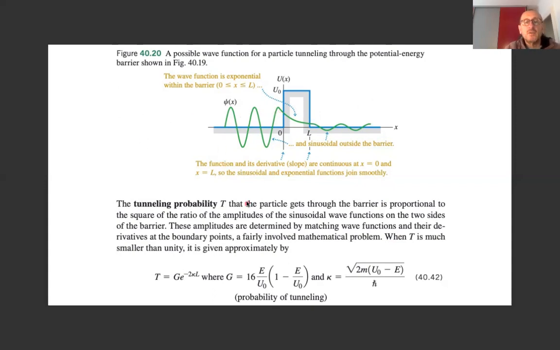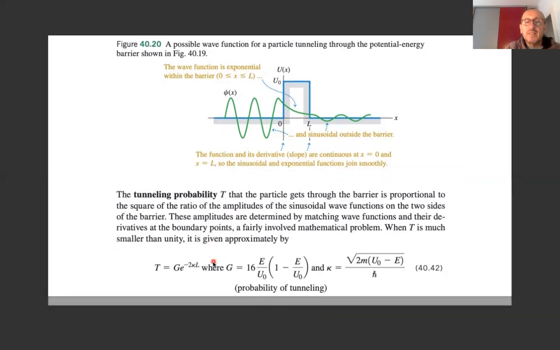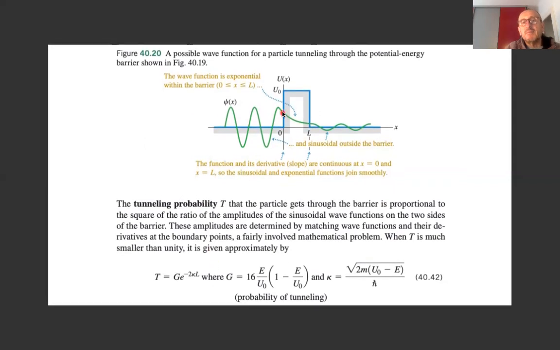Okay, so the tunneling probability. Again, it's not a simple matter to do all the boundary conditions for something like that. You have to match the wave function and the derivative here, and match the wave function and the derivative there. And when you do that, the transmission probability is essentially the ratio of the amplitudes squared.